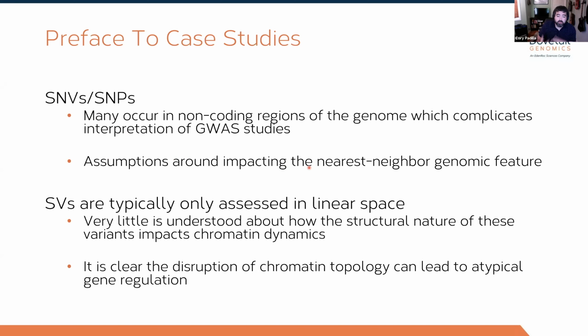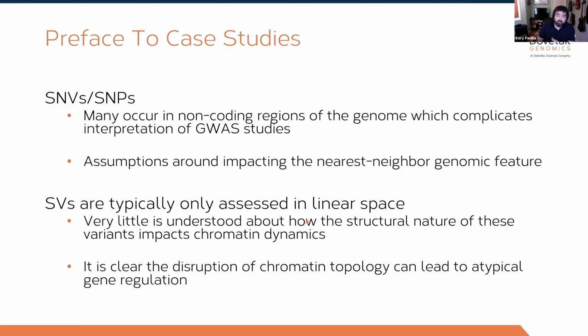And then when we get into structural variation, little is actually understood about how these structural variants impact chromatin dynamics and what exactly that structural morphology is changing in terms of how genes are being regulated.